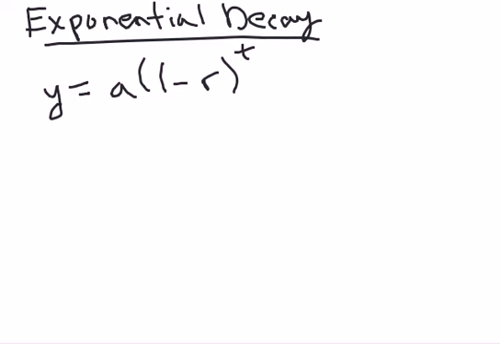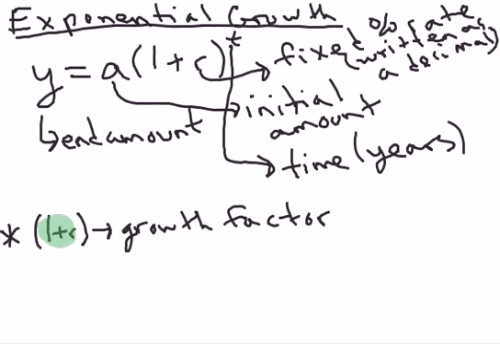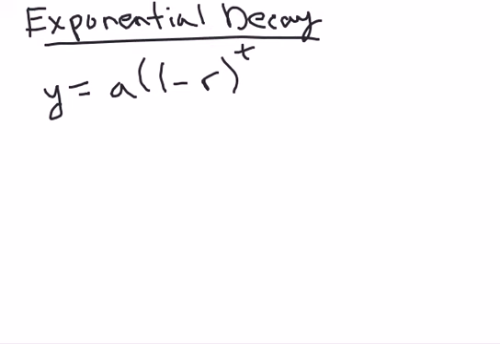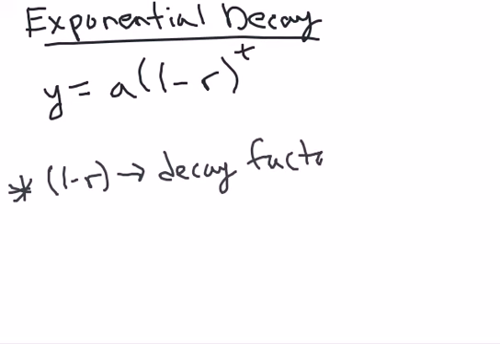They stand for the exact same thing, so you can refer to this slide to see what they are. But I will say that instead of a growth factor, we have 1 minus r being the decay factor. Okay, so it's pretty straightforward. The only difference is 1 minus r.